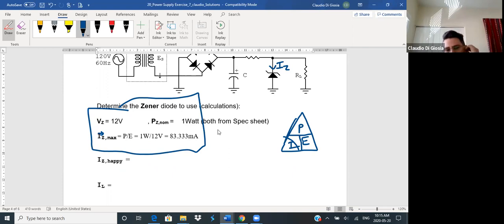So not only do we have to worry about the max, but we have to worry about the IZ min, which is the minimum value. Because if we're below the minimum value, it's not going to maintain that voltage. So here what we're going to do is take the IZ max and multiply it by 0.1, which is basically 10%.